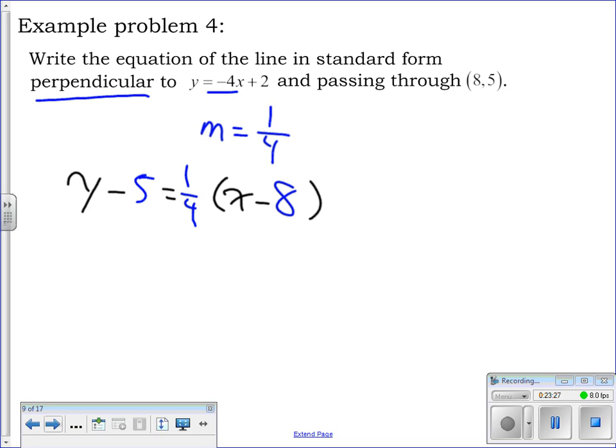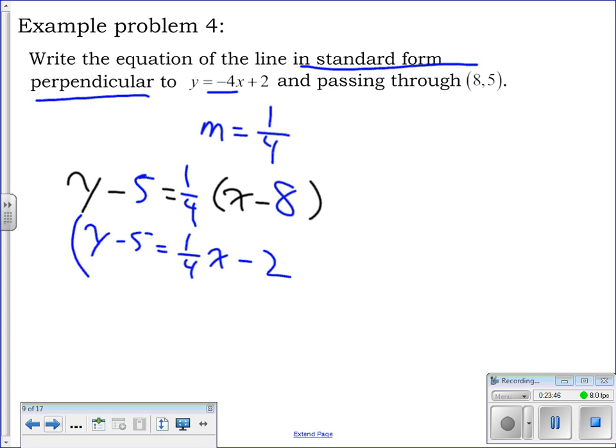Distribute the 1/4. Y minus 5 equals 1/4 x minus 2. 1/4 of 8 is 2. Standard form means fractions, no bueno.